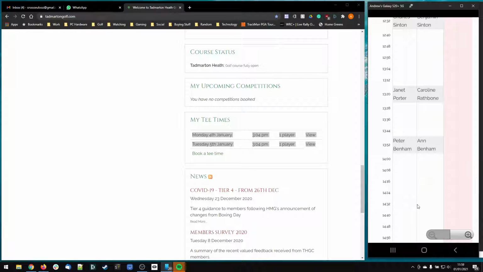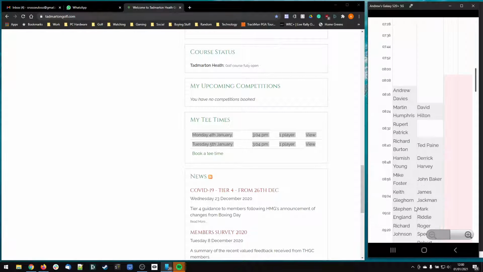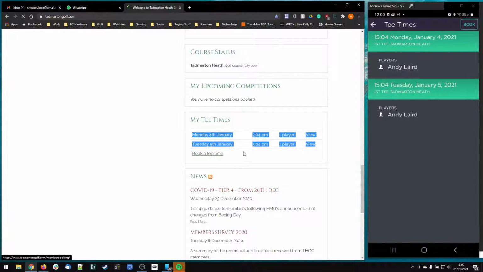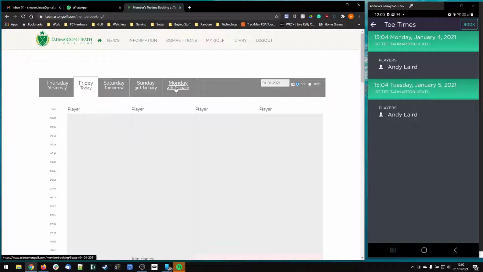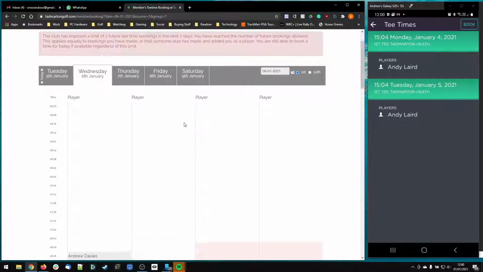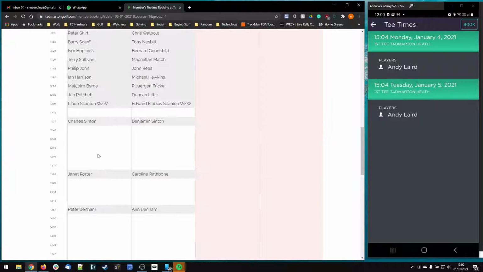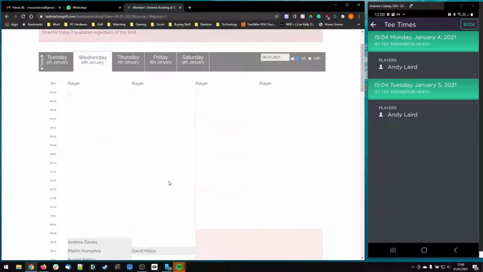All the empty spaces are just empty. There are no buttons to select. That works in the app and also on the website the exact same way. If I go to Wednesday, you'll see I have the same message and none of the empty slots have any buttons on them, so I'm unable to book.